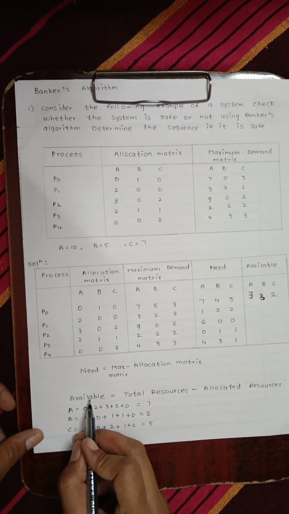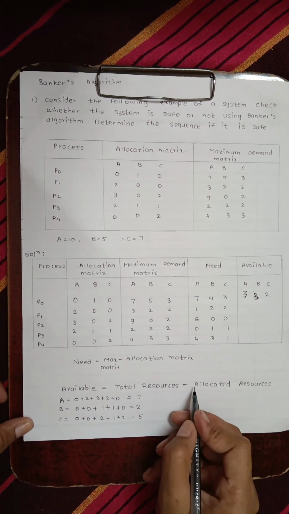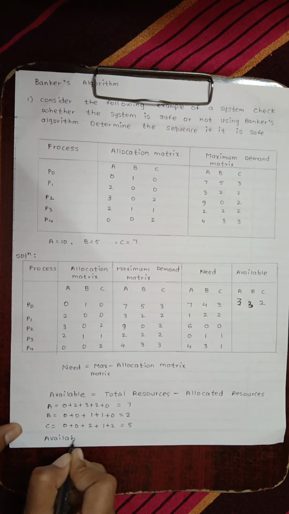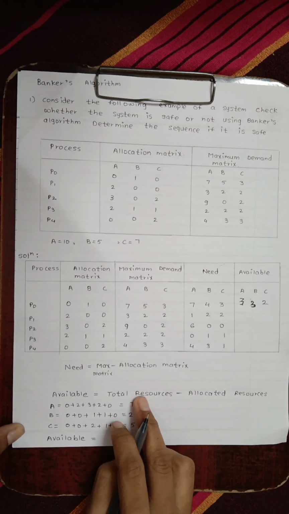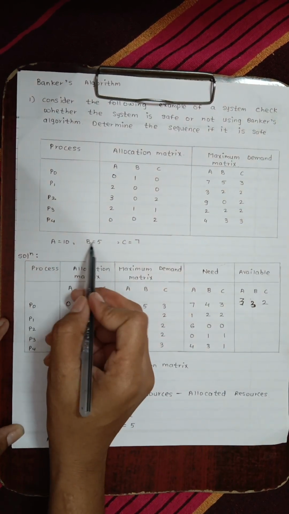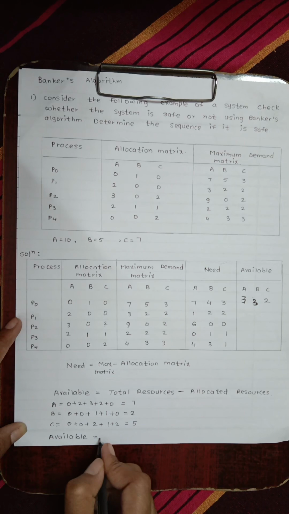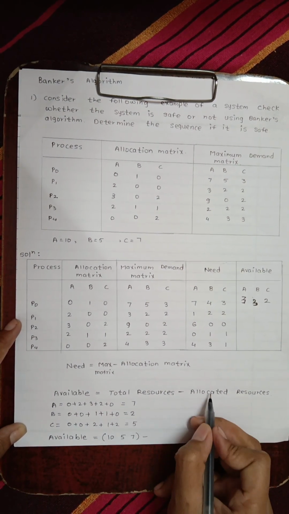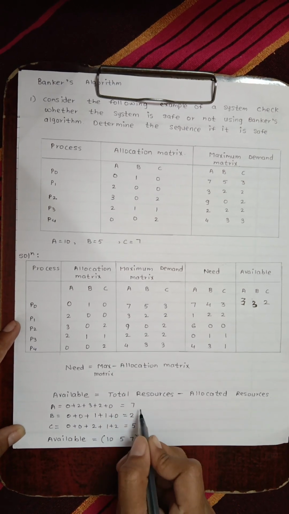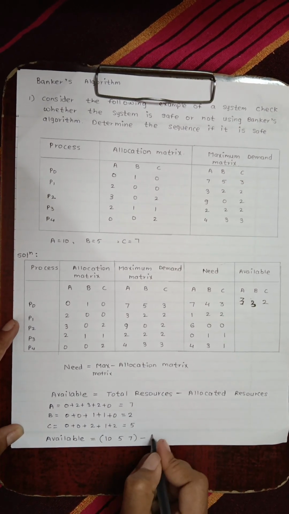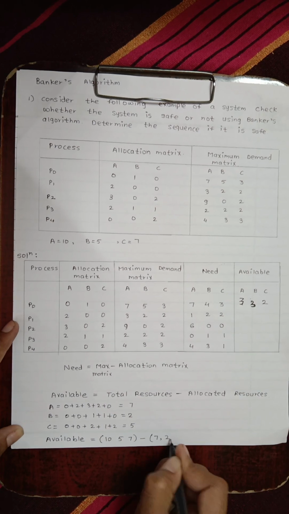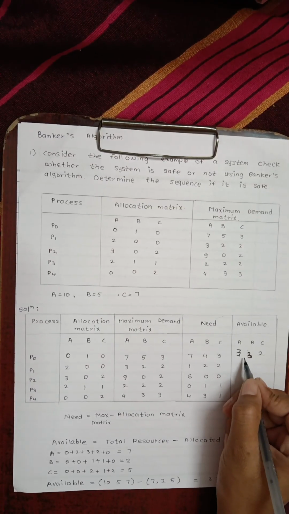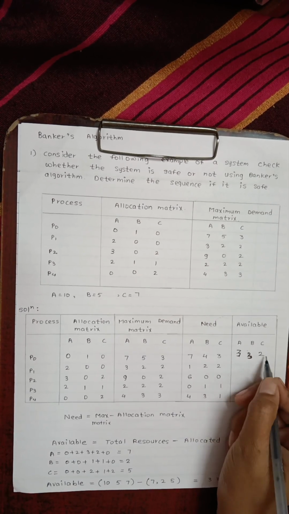Available is total resources 10, 5 and 7, minus allocated resources 7, 2 and 5. Here we can write available is equal to 3 3 2.